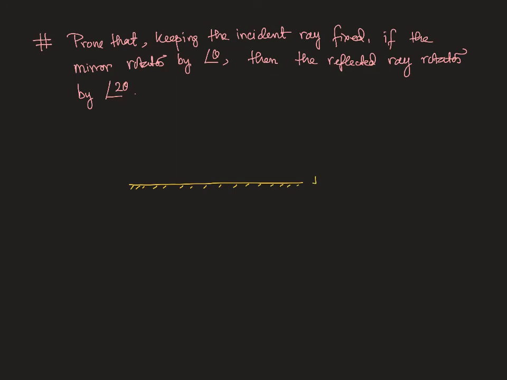m. Now this is the initial normal n. Only the incident ray is fixed. Say this is the incident light ray. Now suppose this angle is alpha.